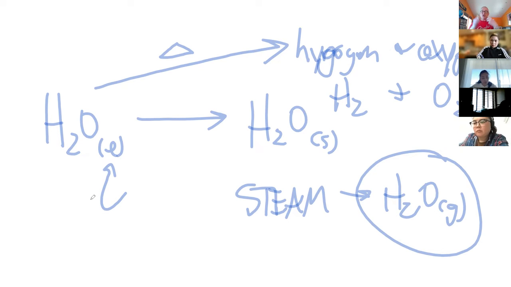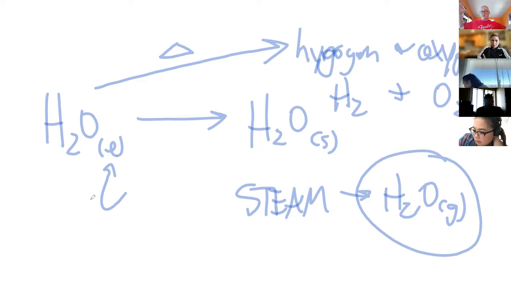So basically it's changed phase again. And the only difference, as we sort of learned early on, between a solid, a liquid, and a gas is basically the distance between the molecules. In a solid, they're right next to each other, pressed up against each other. In a liquid, they're able to move around, but still fairly compact.